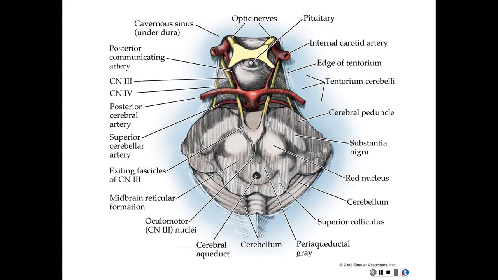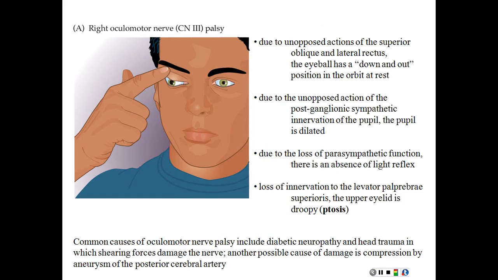Why I like these schematics is because everything is there: there's dura, blood vessels, brain anatomy, cranial nerves. Everybody's on there. And by now you should have a really good idea about all that basic anatomy.